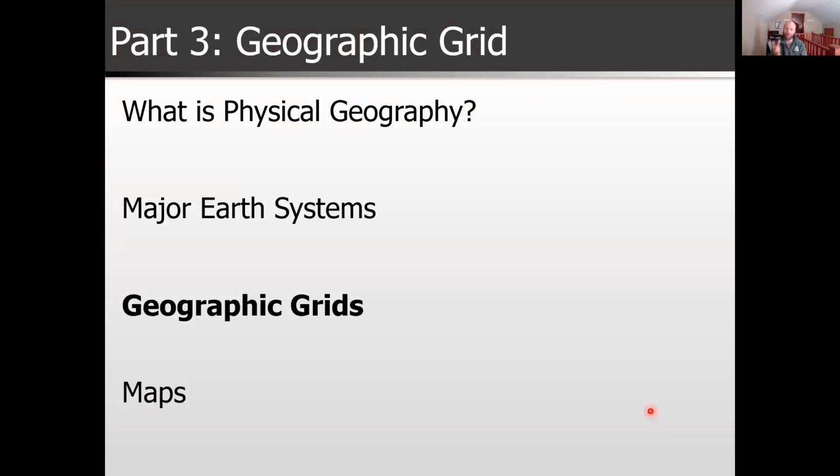But for now, and to really right away this semester set the stage, so to speak, for our spatial understanding of all of this information, we're going to begin with some fairly basic introduction information on geographic grids, and then we'll move into just an introduction to maps. Again, this is a preparation directly for lecture number 3.